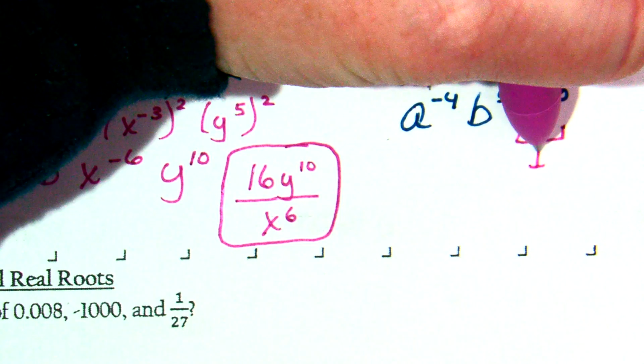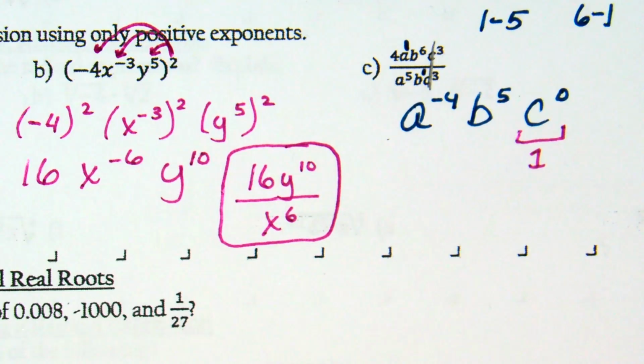Which means, will that essentially cancel the c out? It will. So whether you think 3 minus 3 is 0, now you have c to the 0, which becomes 1, or whether you thought, oh, c to the 3rd divided by c to the 3rd, they cancel. Both are appropriate thoughts.